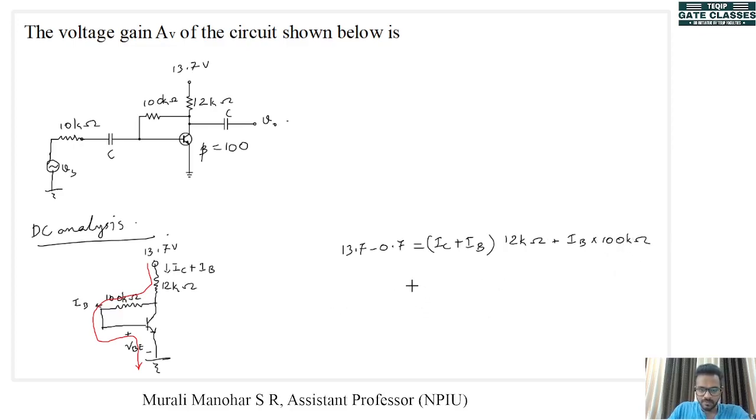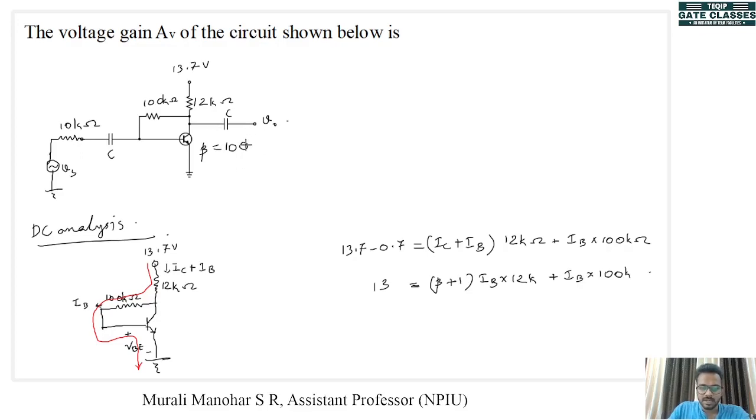Now we know that 13.7 minus 0.7 is 13. IC can be written as beta IB, so IC plus IB becomes beta plus 1 into IB into 12K, plus IB into 100K.